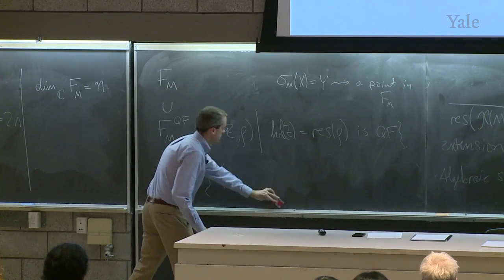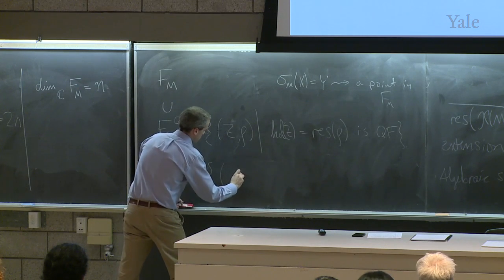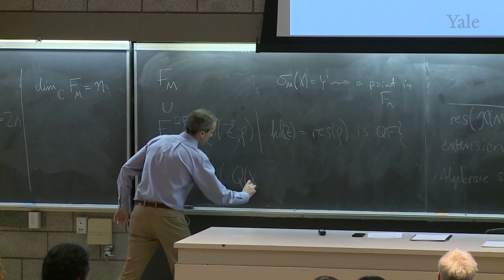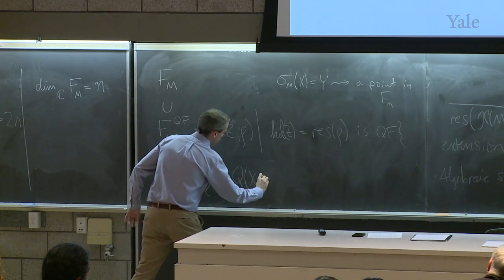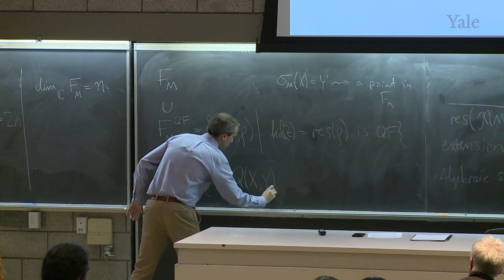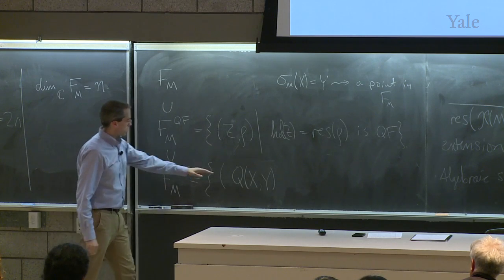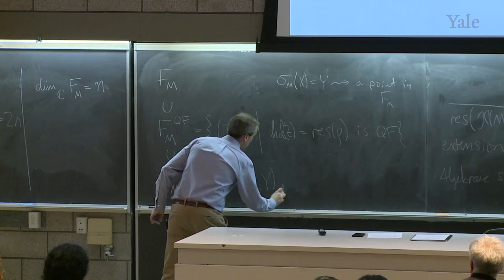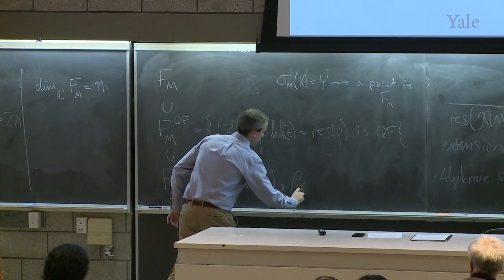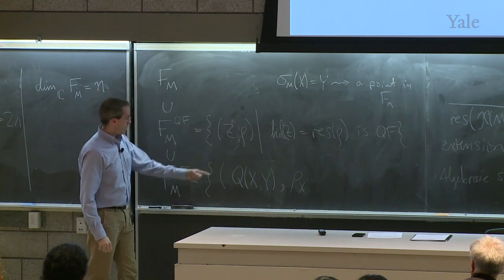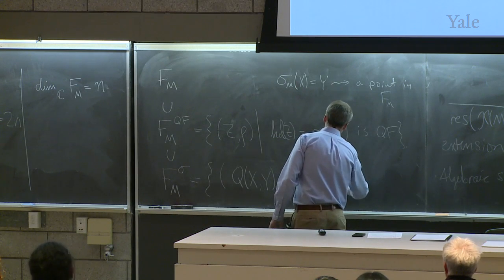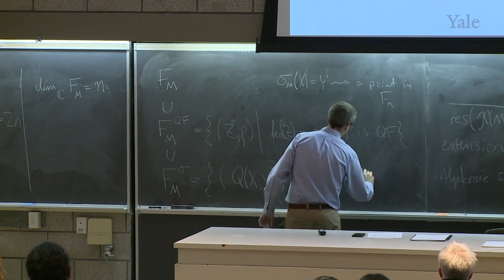So I'll write something and then explain why it defines a projective structure. It's going to be the projective structure on y that's induced by the quasi-Fuchsian group QXY, and the hyperbolic structure on M coming from the Riemann surface X. So it's the set of those such that sigma m of x is equal to y.